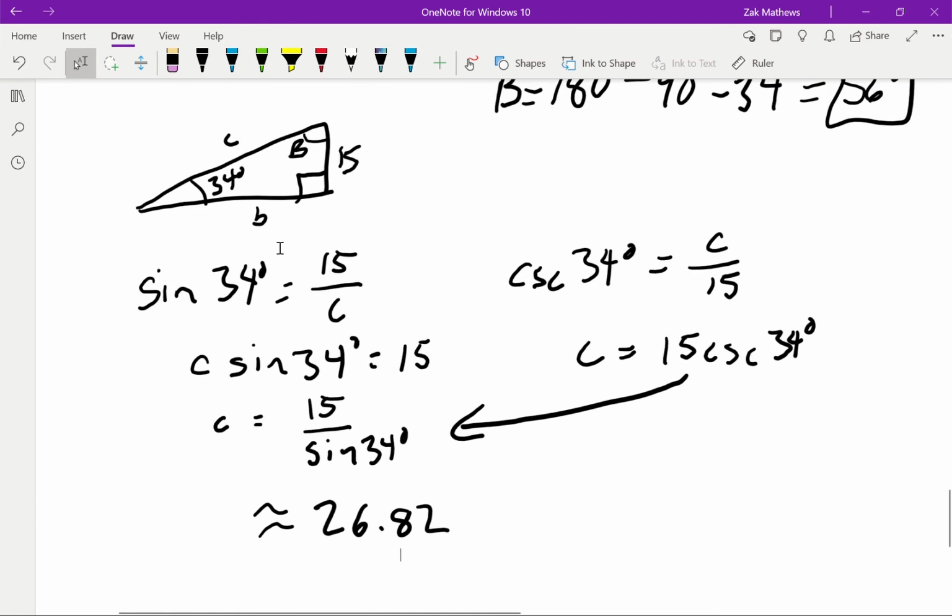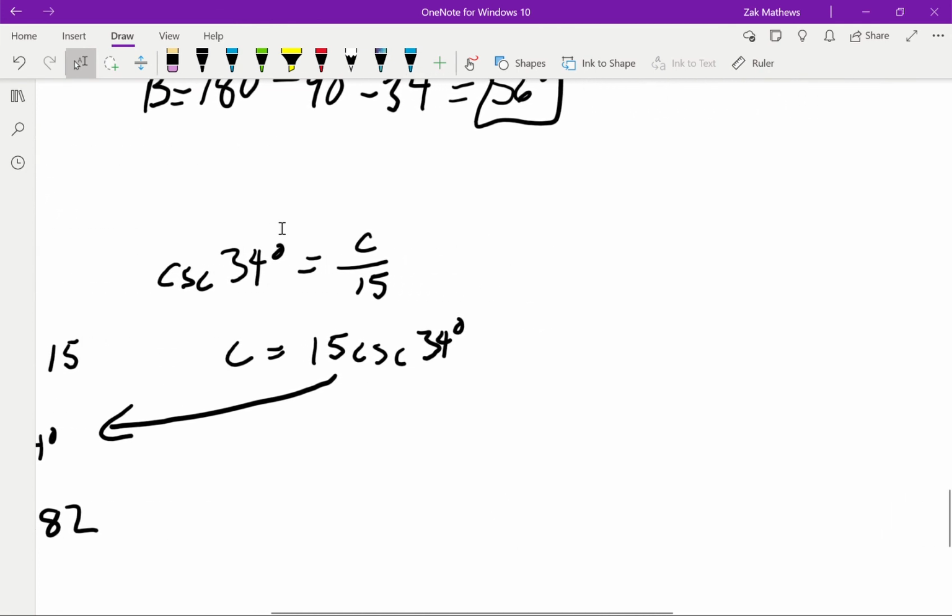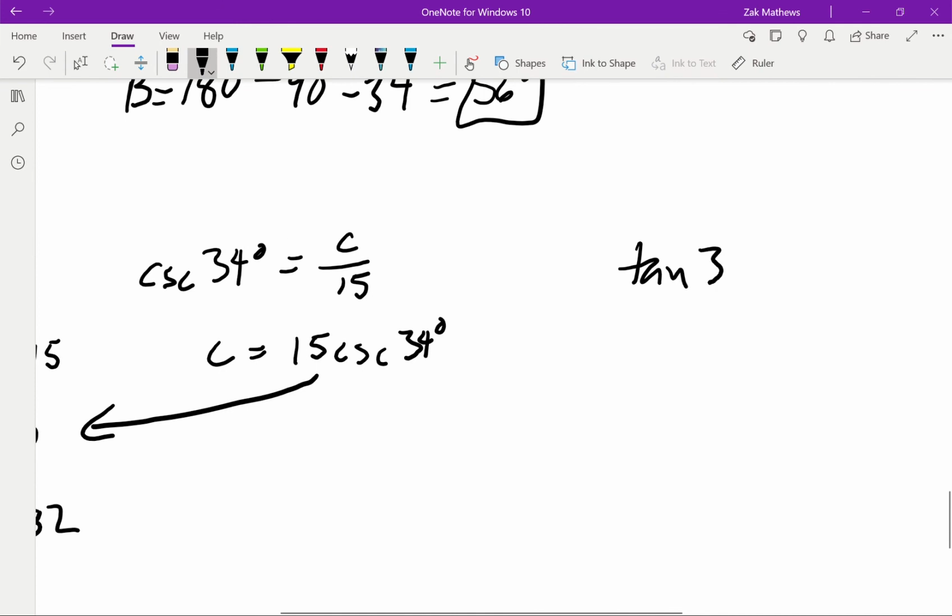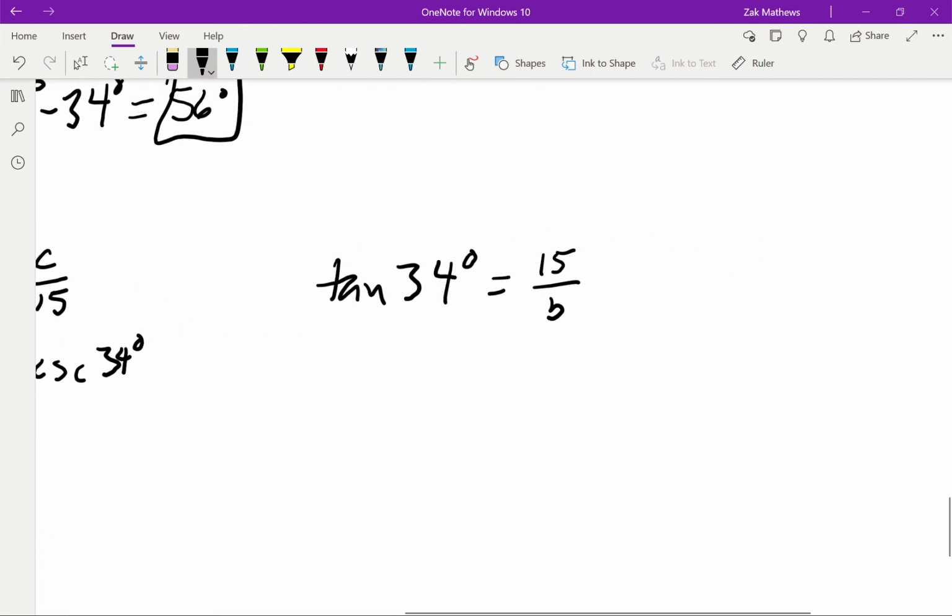If I wanted to do that with the original 15, I could use tangent very easily. So I could set up tangent of 34 is equal to 15 over side B. Notice I'm ending up with that problem again where B is in the denominator, so I have to multiply it over just to divide by the tangent of 34.